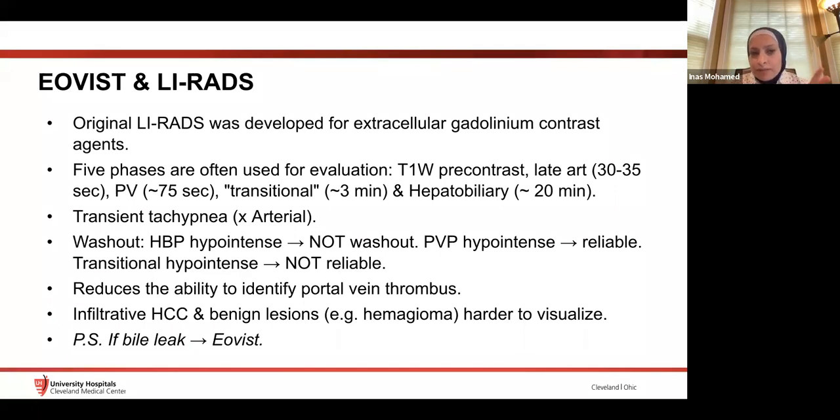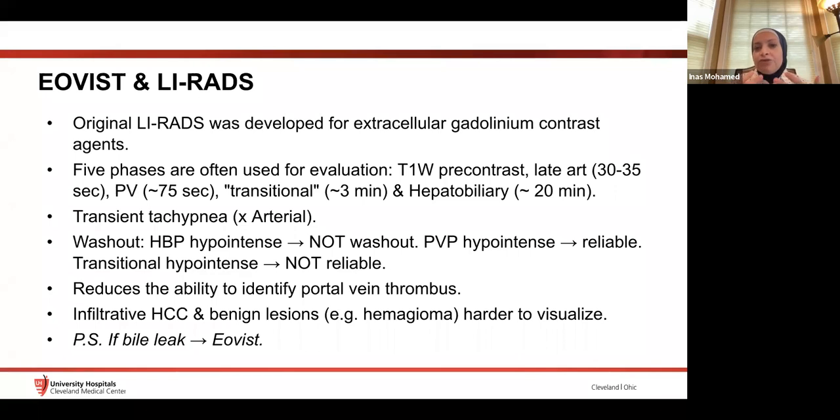You have 2 problems with Eovist. As we said, it needs good liver function, so you can't use it in a cirrhotic patient, because it needs the liver to take up the contrast and then excrete it. The other thing is that when patients get Eovist, they have this physiologic thing where they get tachypneic, so you get respiratory motion in the arterial phase and you lose the arterial phase.